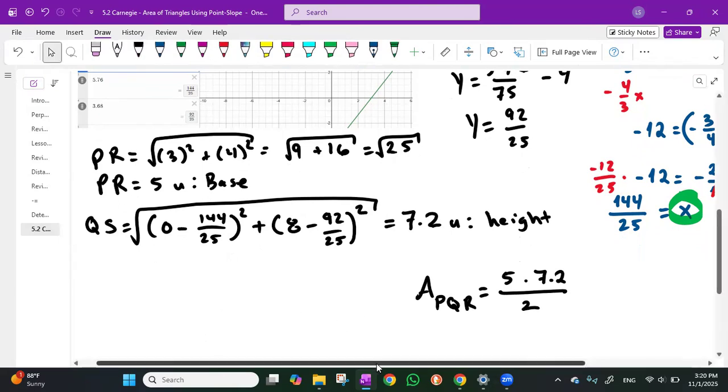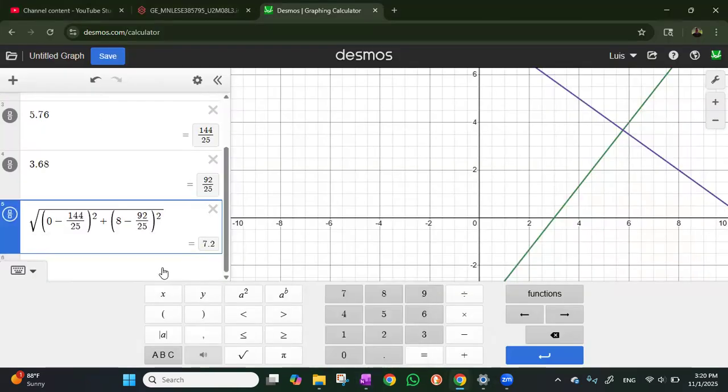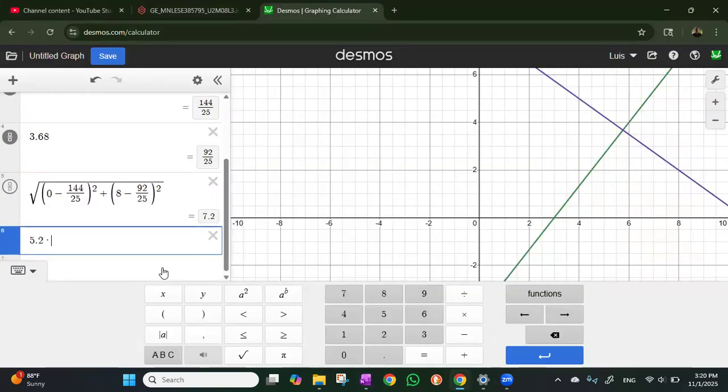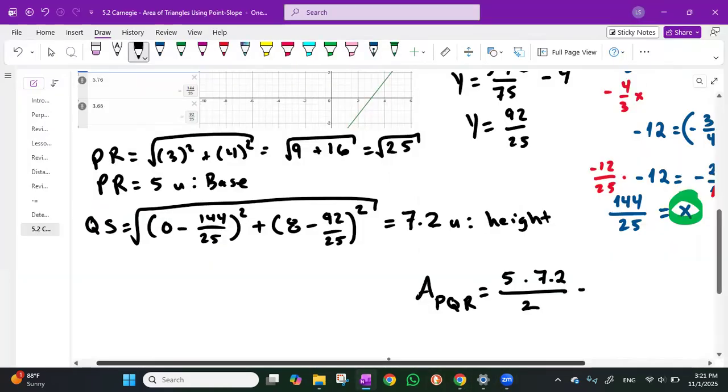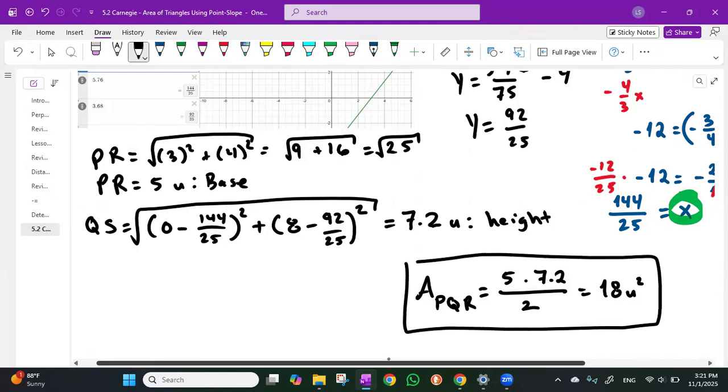And if you do this successfully through decimals, 5 times 7.2, divided. Just click divide first. You will get 18 units. Sorry, 18 square units. And that's how you get the area of a triangle that's slanted.